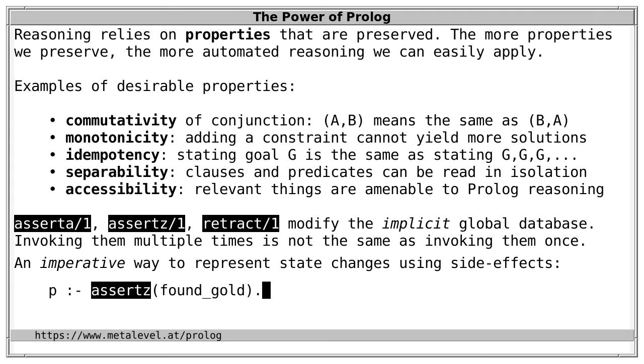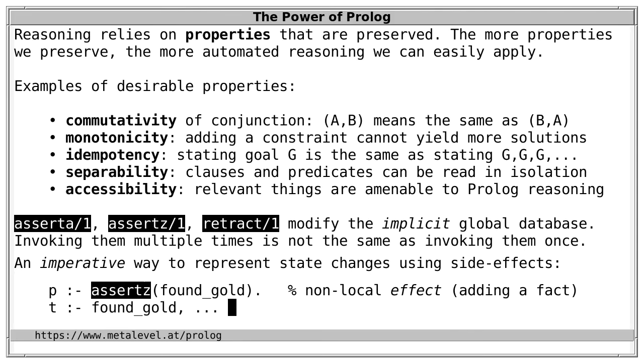For instance, we may have a predicate P that reflects the information that an agent has found gold, say, by asserting the fact in the global database, which is a non-local effect, because we are adding a new fact, and this may also affect other predicates from now on. So we've now created a runtime dependency between predicates, because the fact found_gold depends on whether P was executed or not.